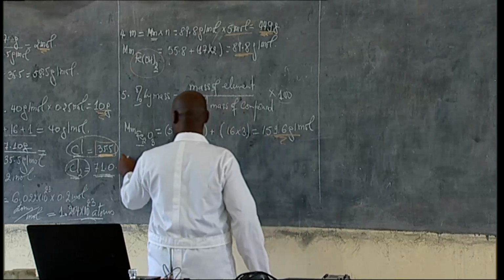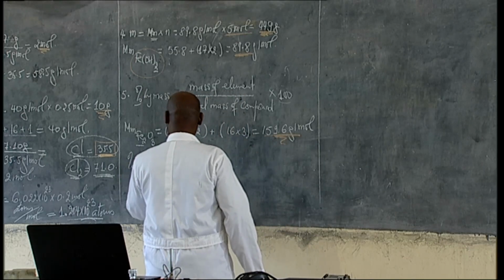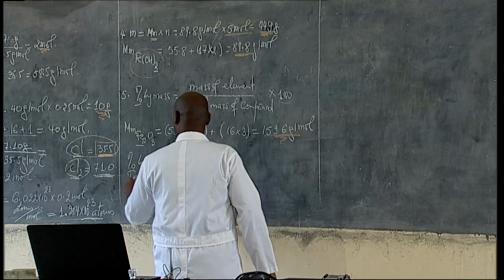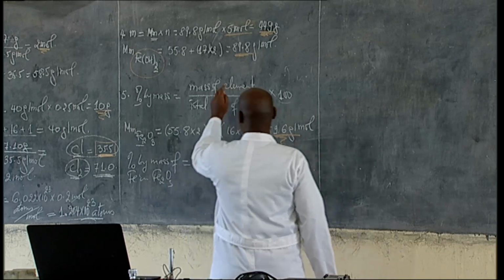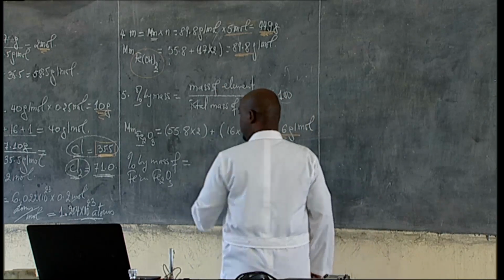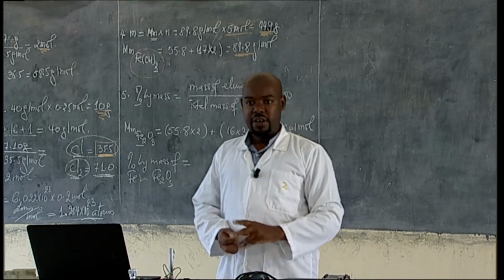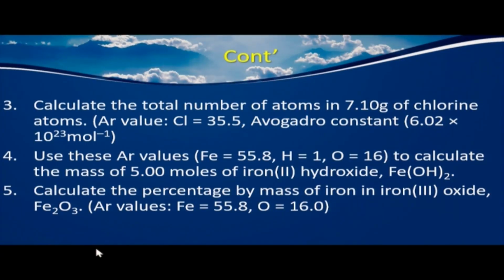And if we apply the formula, the percentage by mass of iron in iron oxide, what do we get? Mass of the element, you have to be very careful here, because we have how many moles of iron in the compound? We have 2 moles of iron in the compound. So the mass of the element should be multiplied by 2, because we have 2 atoms of iron in the compound.